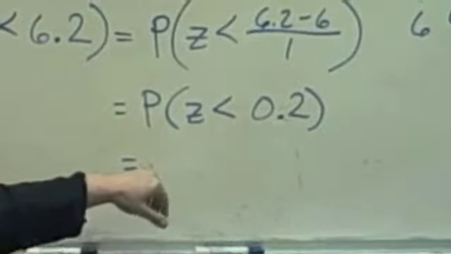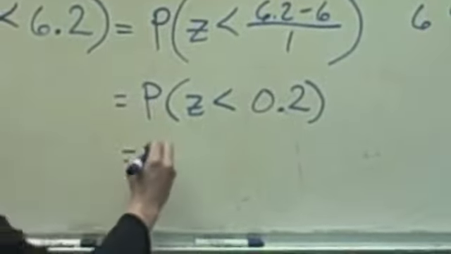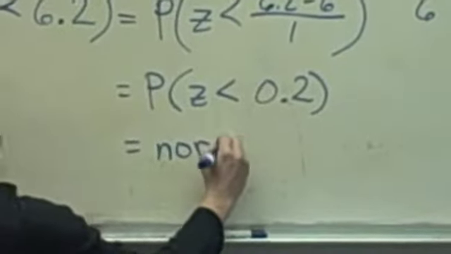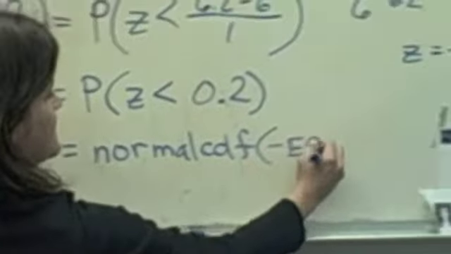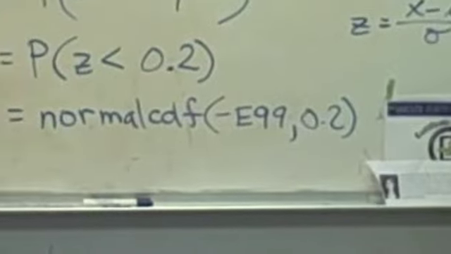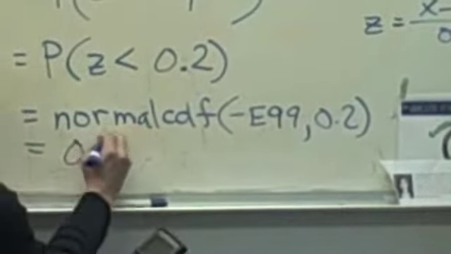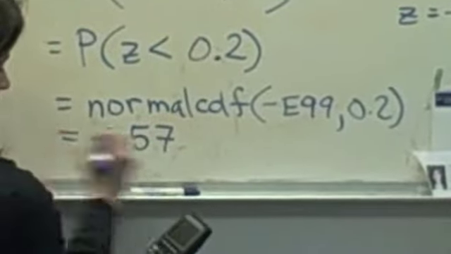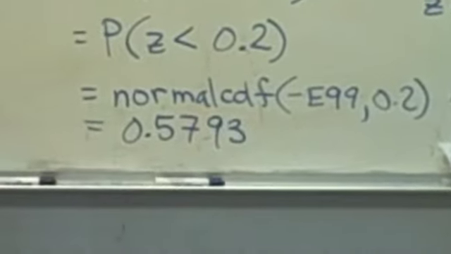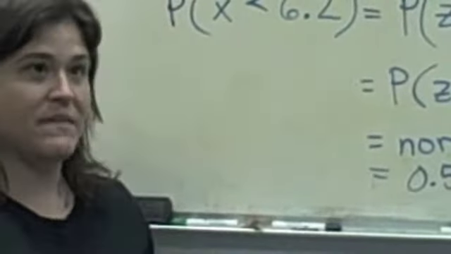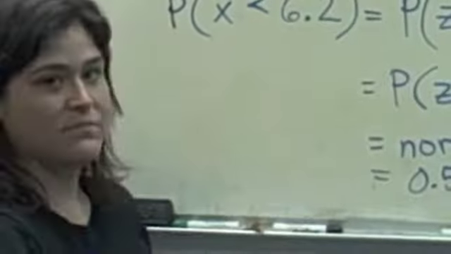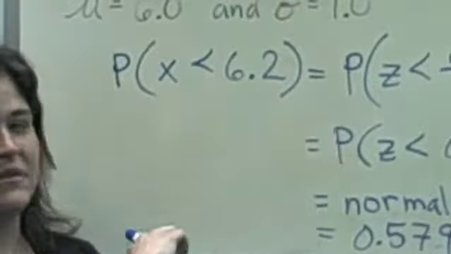And then I'm going to need my calculator. Once I have the z, this is going to be normal CDF, negative infinity to 0.2, which comes out to 0.5793. So there's a 57.93% chance that a male selected at random would have a head breadth that's less than 6.2 inches.